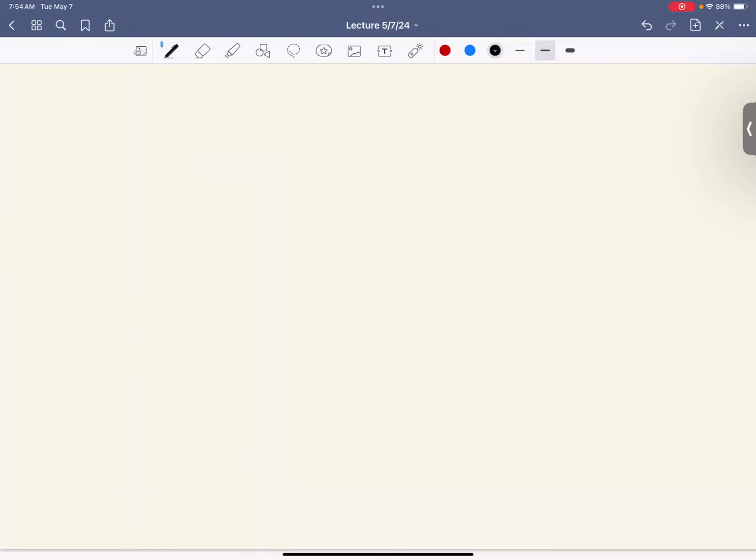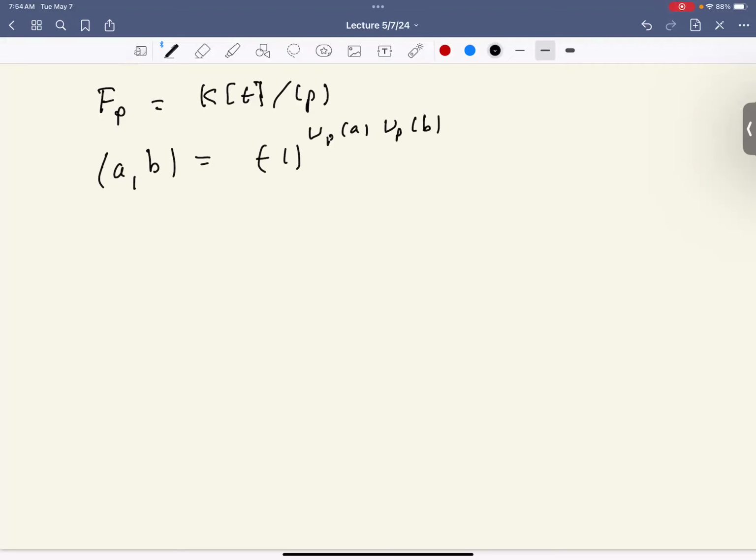It's very simple, actually. Let F_P again be the residue field. And so I can define this Hilbert type symbol in a very elegant way. You take the valuation at P of A and the valuation at P of B. A and B can actually be in the field, so these are in K(T) star.